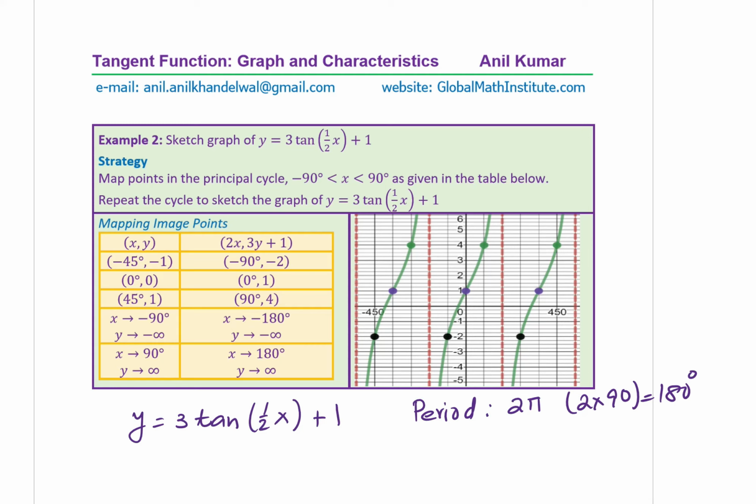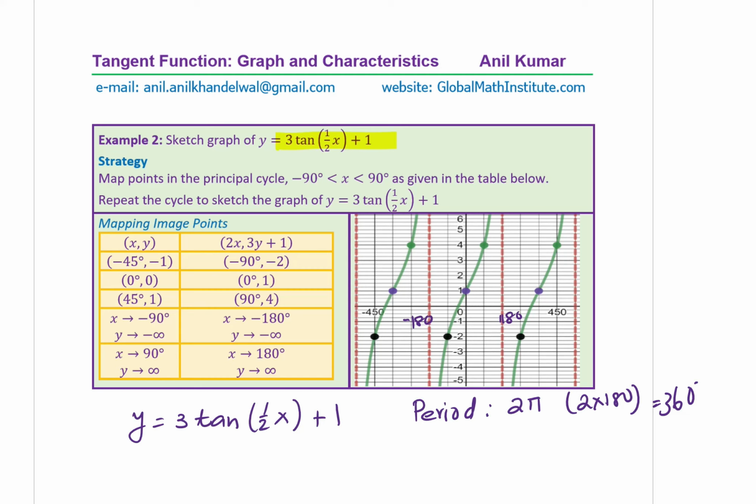So 2 times 180 is 360 degrees. So now the period will be stretched to 360 degrees for the whole cycle, which we are going to take from minus 180 to plus 180, right? So you see these vertical asymptotes, they are spaced between minus 180 to plus 180 for the graph of the given function, which is 3 tan half of x plus 1.